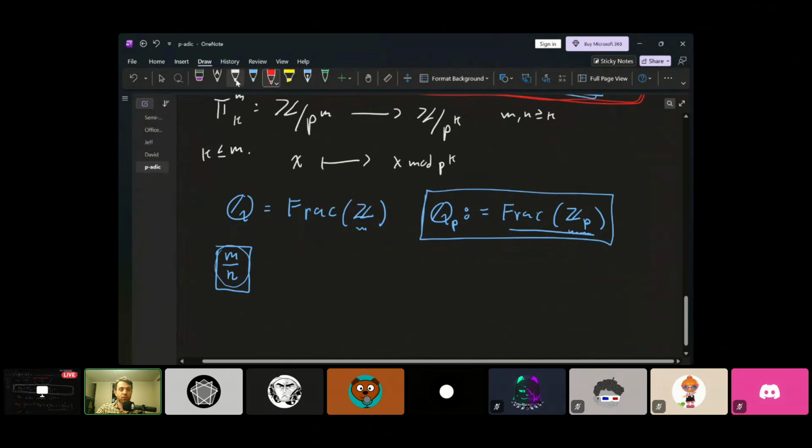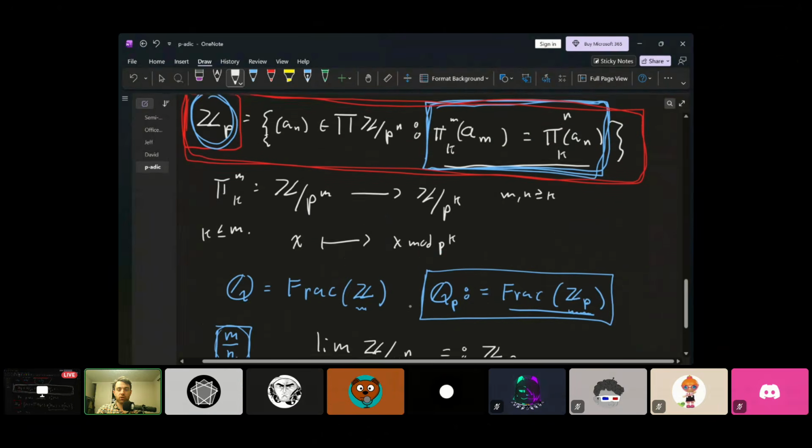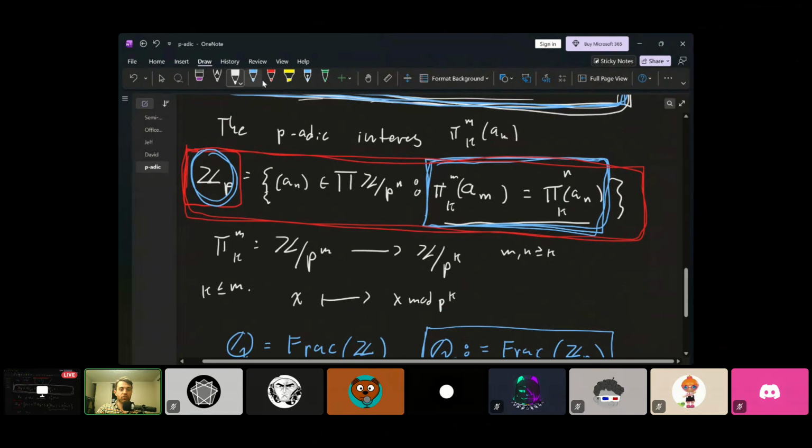Without giving you the proper definition, I've essentially explained one of the definitions of the p-adic numbers that people sometimes give, as this inverse limit of the integers mod p. When you unpack all of those definitions, you get exactly this subring.